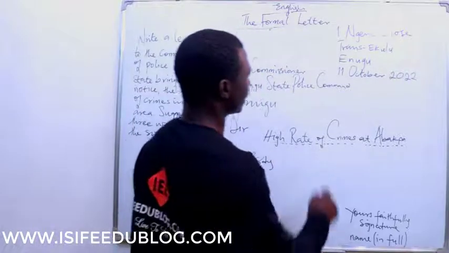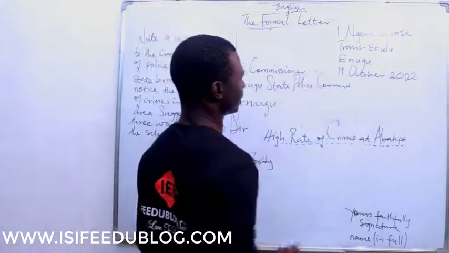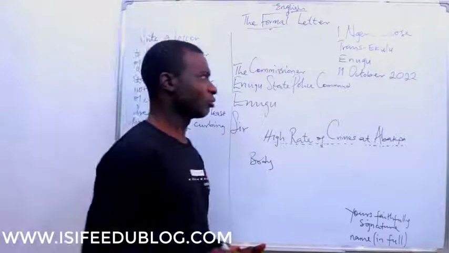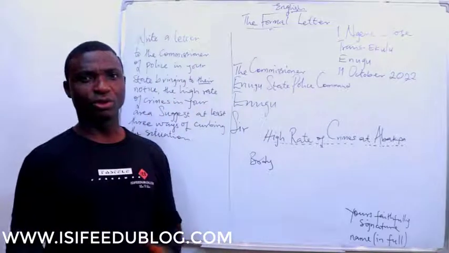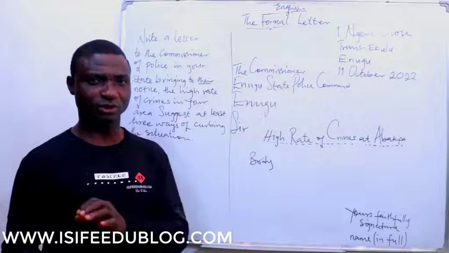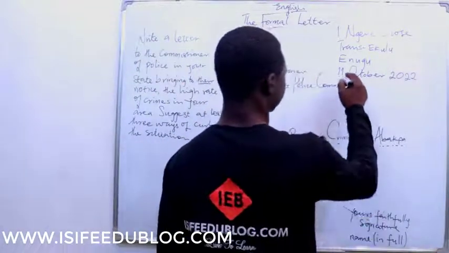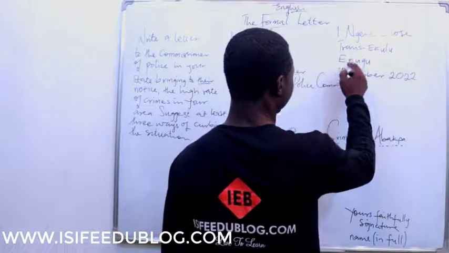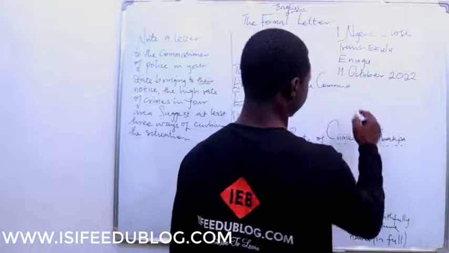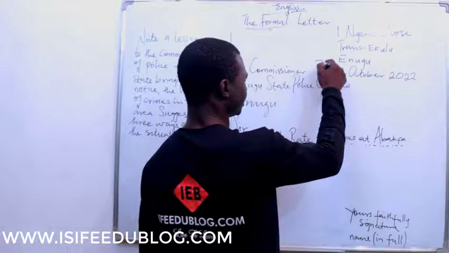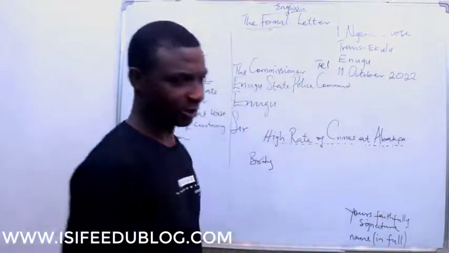Here I have 1 Ngene Close, Transekulu, Enugu. Well, what is normal today is that we add a telephone number. The telephone number comes after the city. That is, after Enugu, you write a telephone number.